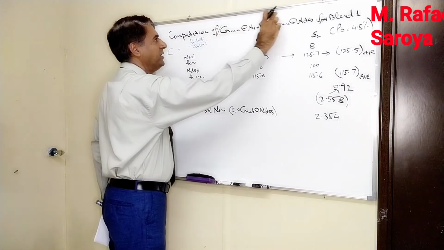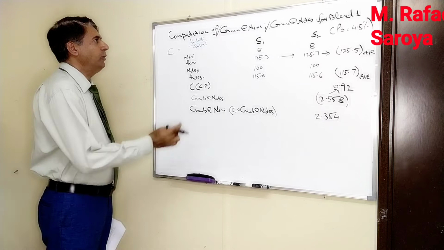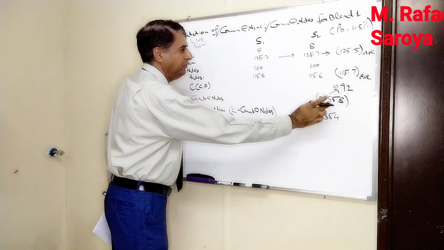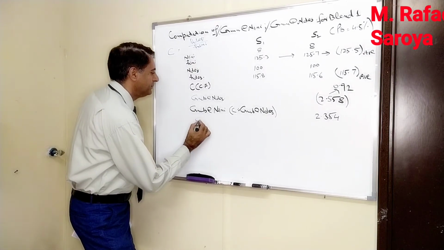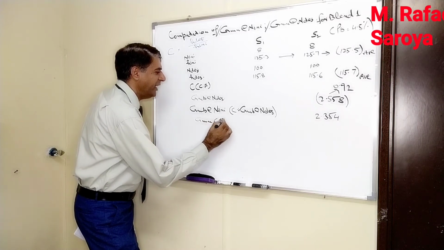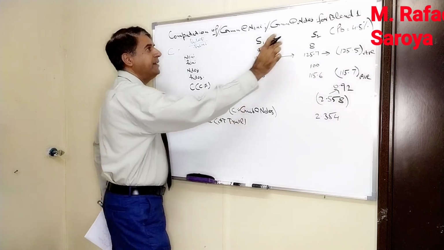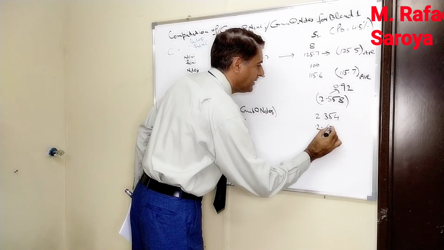Next, we have to calculate these two values. How will we calculate? This Gmb value is given to me, which I have written over here. Now, Gmm, which we calculated at the trial binder content, is equal to 2.670.